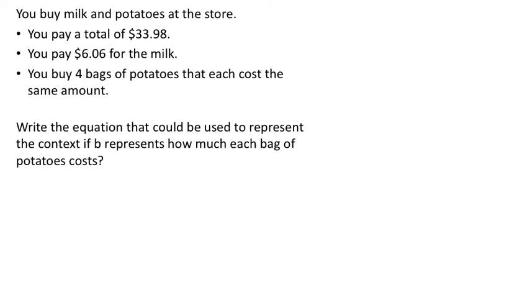It starts by saying, hey, look, you got your total. The milk, that's something that's going to cost us. And then the potatoes also will be a cost as well.